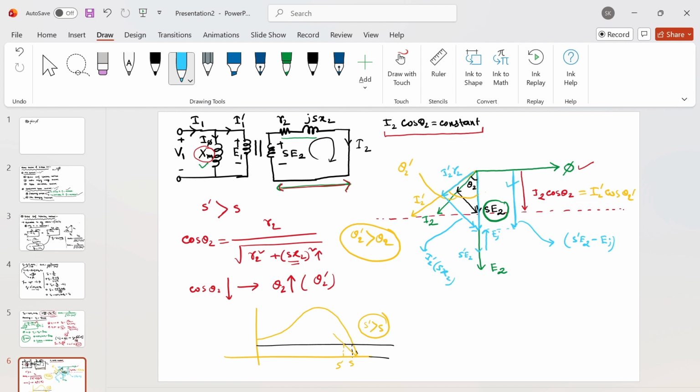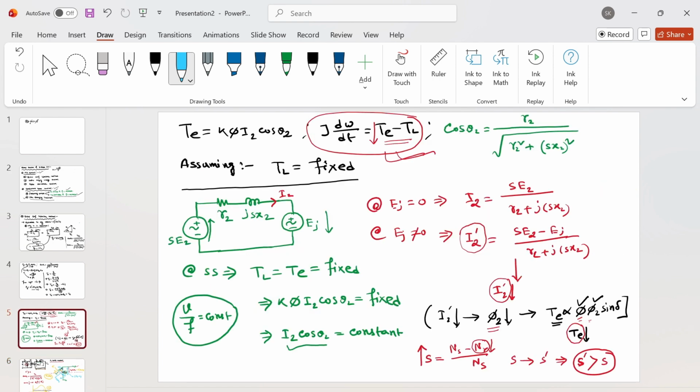Okay, so this is how your I2 will decrease or increase, and your power factor angle will decrease or increase. So there can be several scenarios, like here you can inject a voltage which is aiding in nature, like it is in phase with the S E2. You can do several kinds of operation.